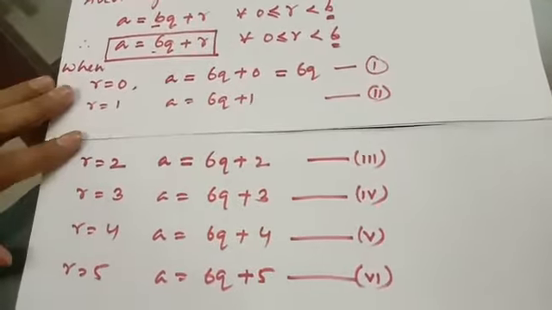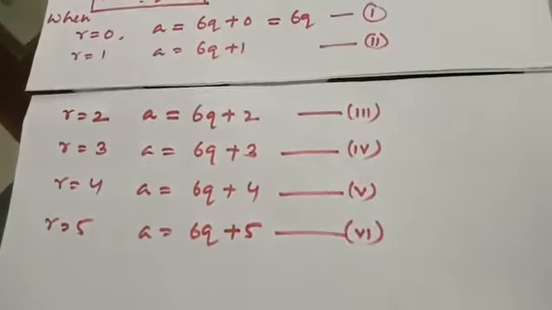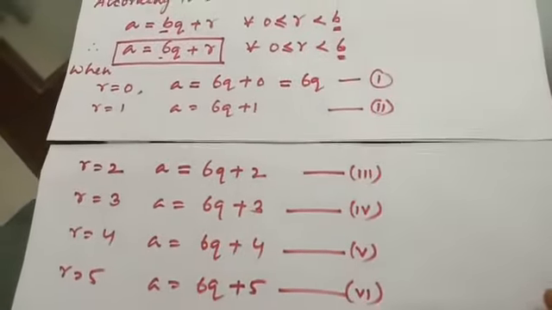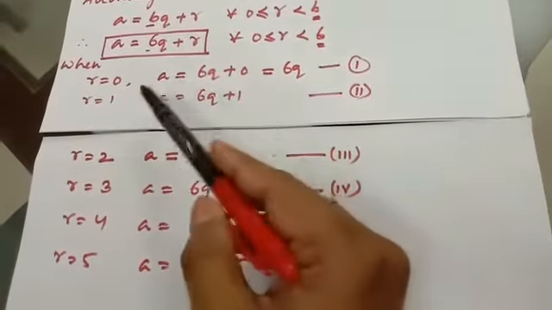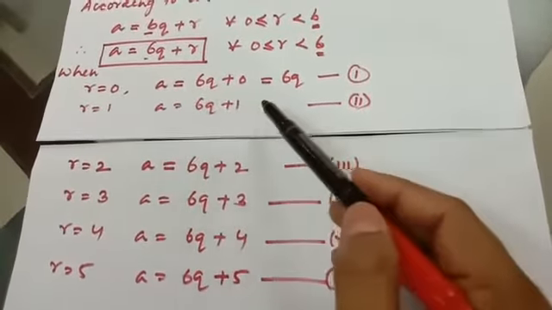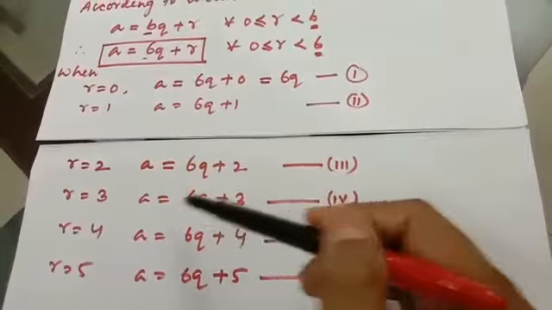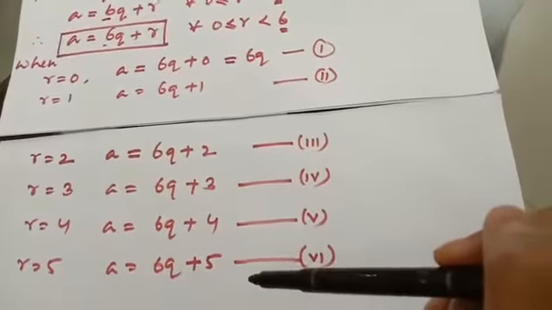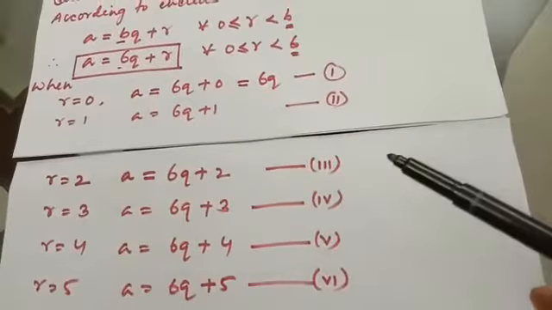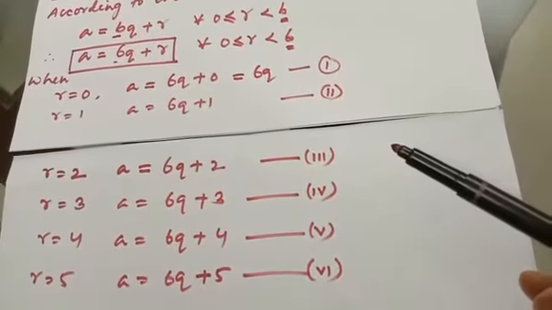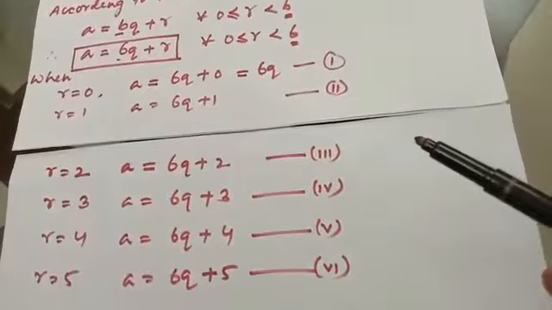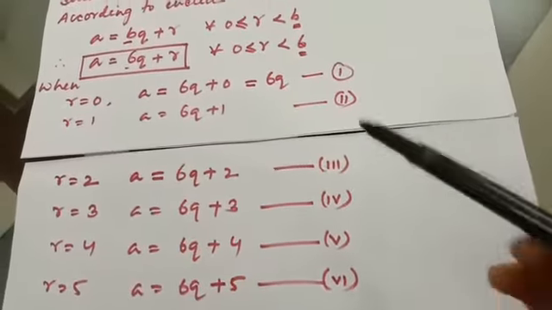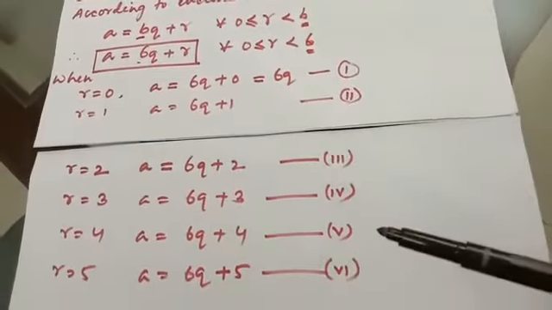In this way we are getting 6 equations. So we see that the value of a may be 6q or 6q plus 1 or 6q plus 2, 6q plus 3, 6q plus 4 and 6q plus 5. So any positive integer can be represented in these 6 different forms.